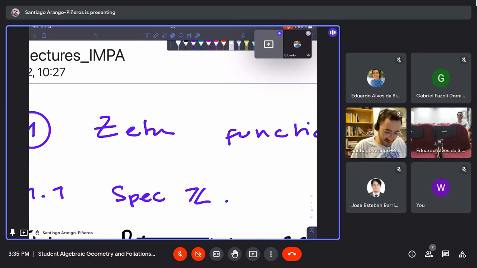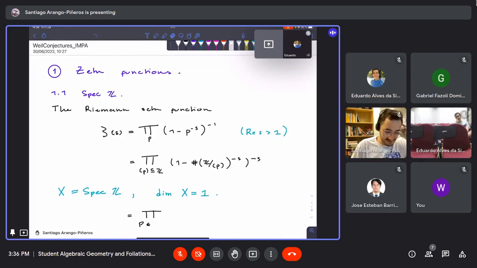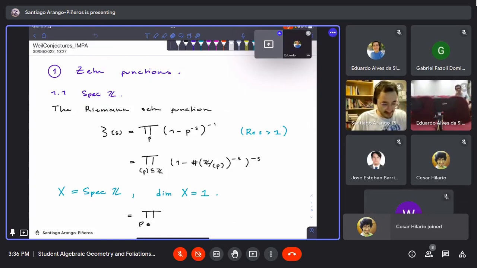Yes, today I'm going to talk about zeta functions and the Weil conjectures. This is one of the jewels of arithmetic algebraic geometry, and probably some of you are familiar with them, but just to start with something familiar to everybody, let's talk about the Riemann zeta function.